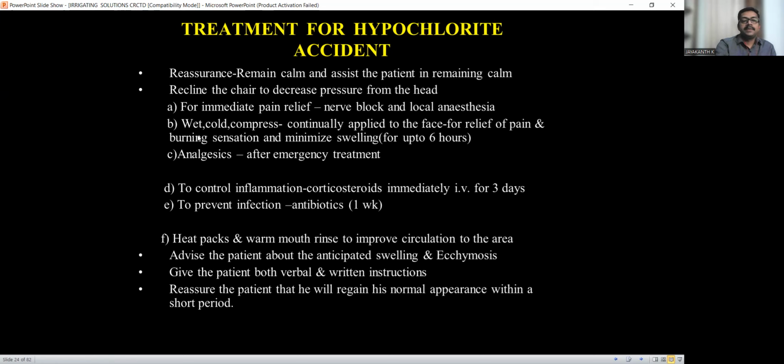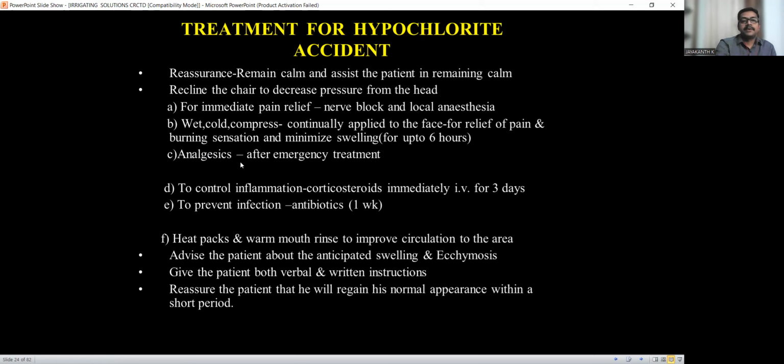Then immediate aspiration of any remaining sodium hypochlorite within the canal system. You can aspirate with the syringe and needle used for endodontic purposes, like a 26 gauge or 27 gauge needle. Analgesics after emergency treatment.